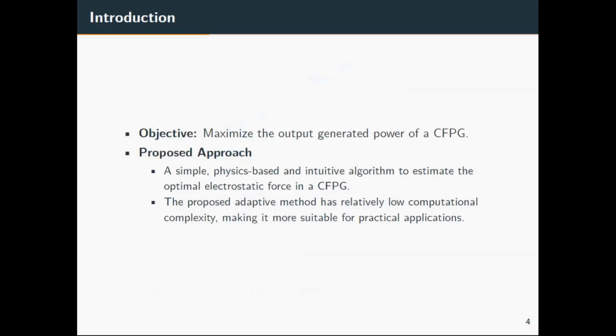So the objective is, of course, to maximize the generated power. This is the objective in any type of device like this, to harvest the maximum energy. But of course, there are many problems that need to be solved in order to achieve this maximization.